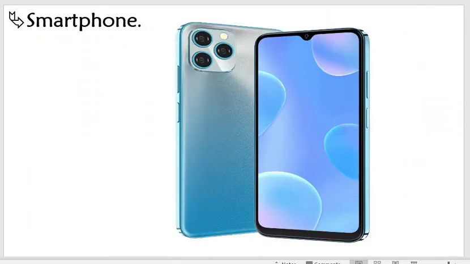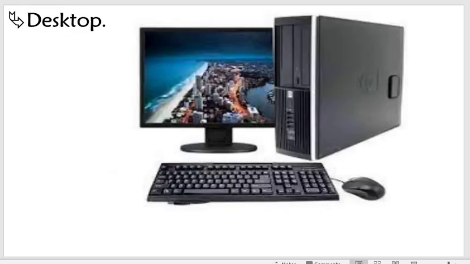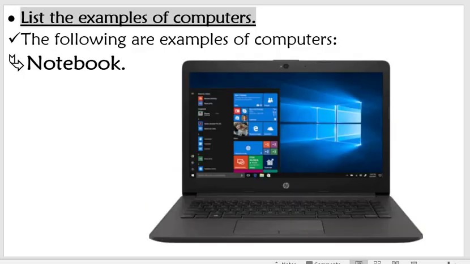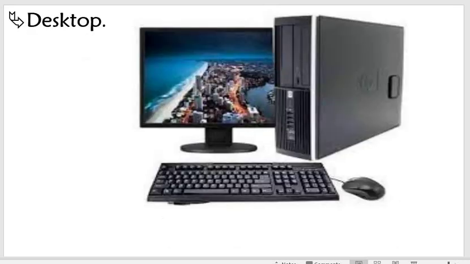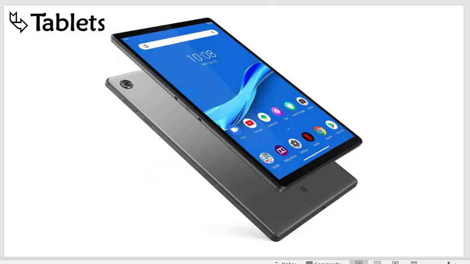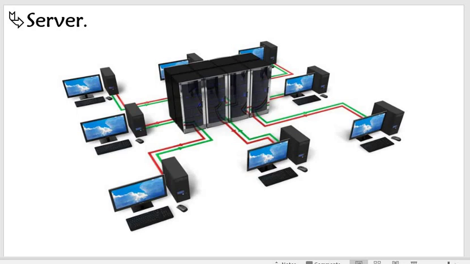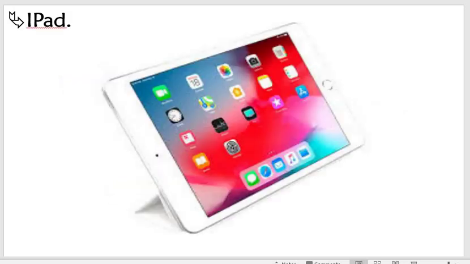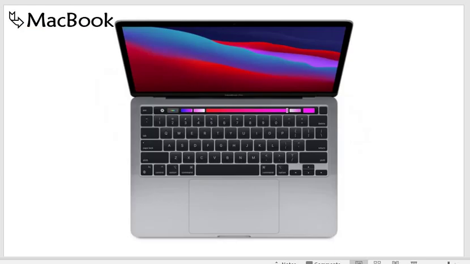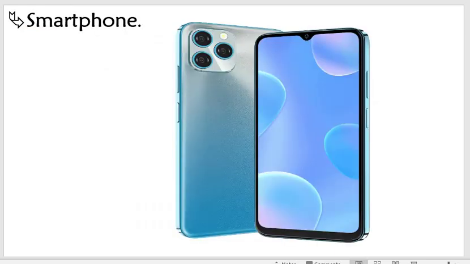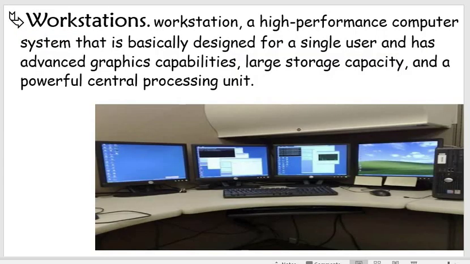So when you are asked for examples of computers, kindly note that we just have to mention notebook, desktop, laptop, tablets, servers, iPads, MacBook, smartphone, smartwatch, workstation.